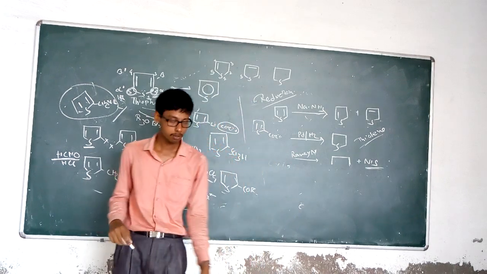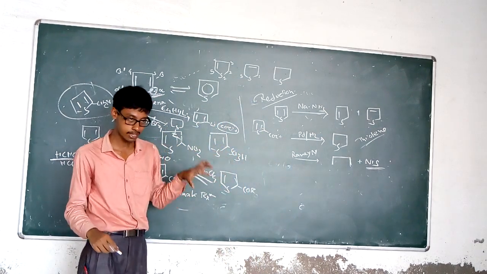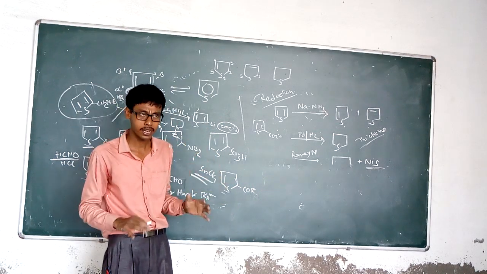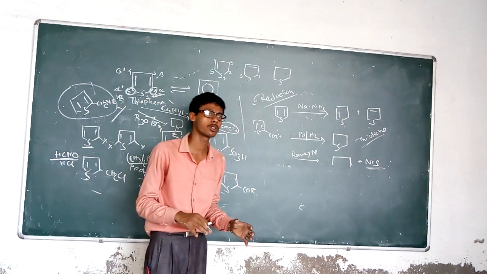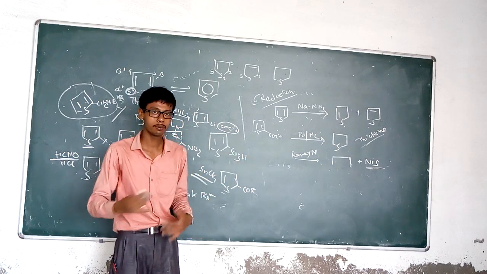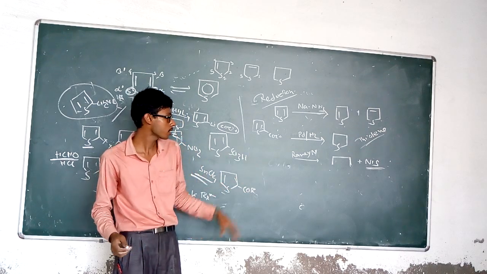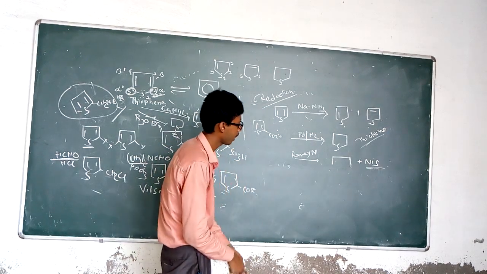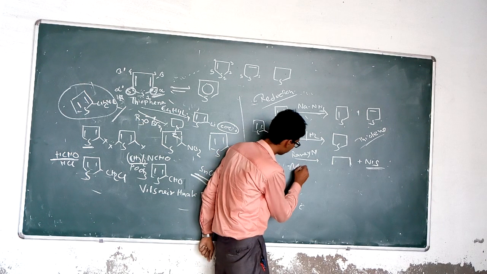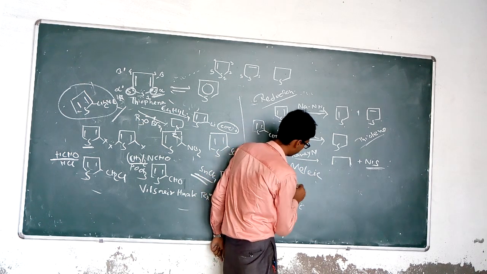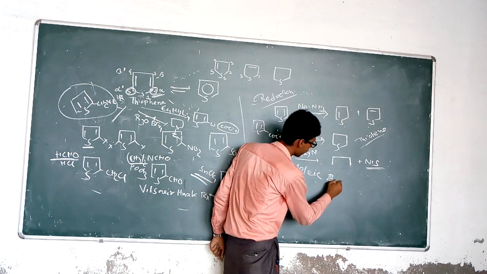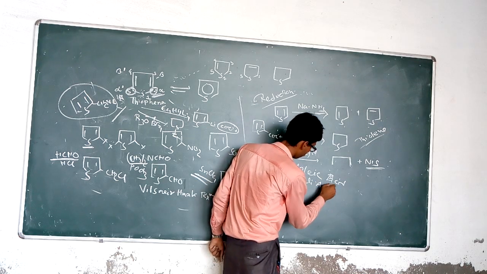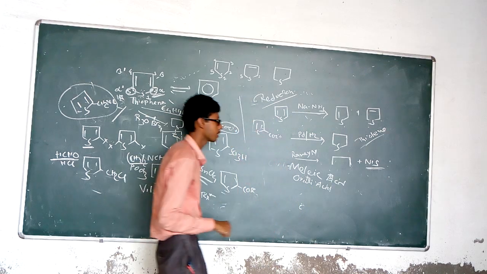So this is all about reduction. Reduction is important as well as oxidation, because various types of reduction and oxidation are possible, depending on the reducing agent and the oxidizing agent. In oxidation, when thiophene is oxidized with nitric acid, it breaks down into malic acid as well as oxalic acid.